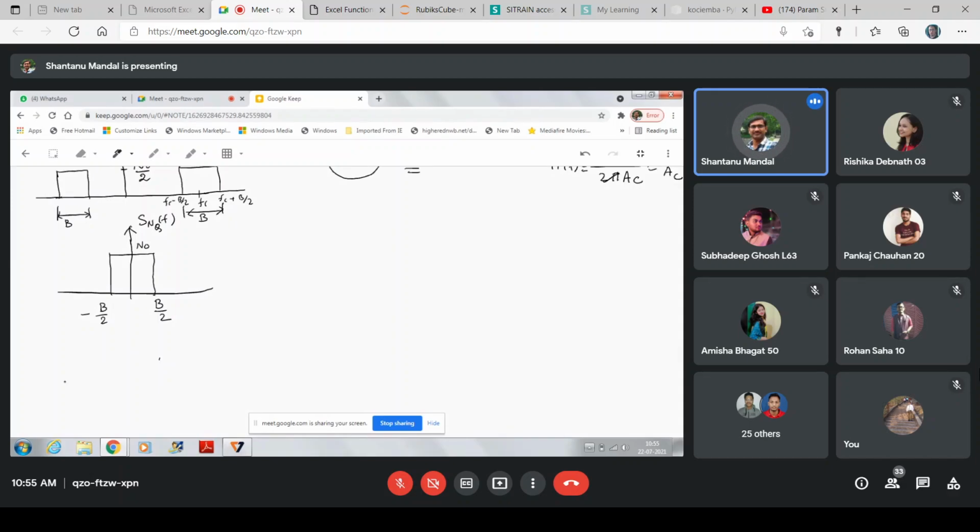So we have to draw this, which is S of ND(f), from minus B by 2 to plus B by 2.